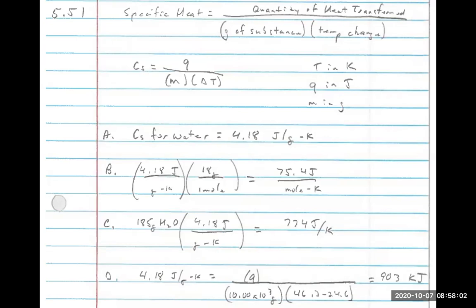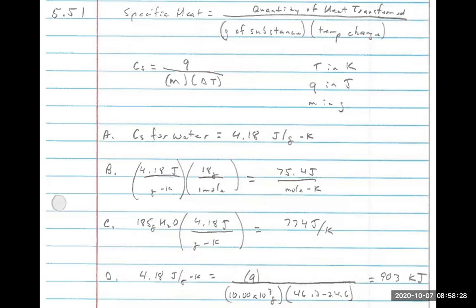But the other questions that they had for us were, what is the heat capacity of 185 grams of water? Okay, so in this case, we want to convert it to grams per mole. And so we do that by using the molecular weight of water.